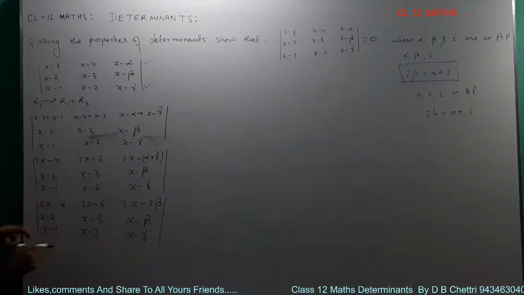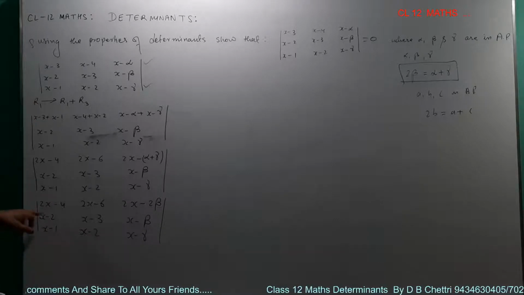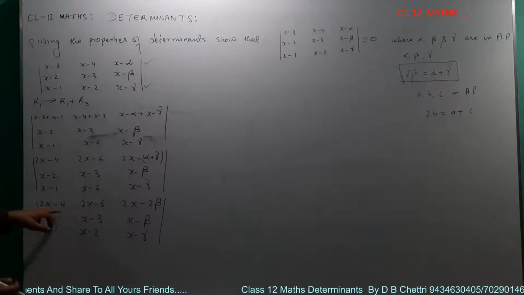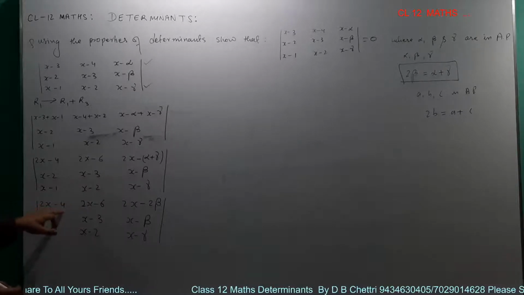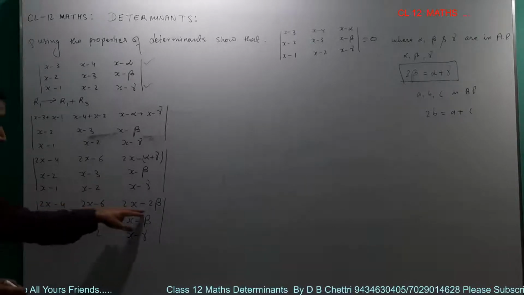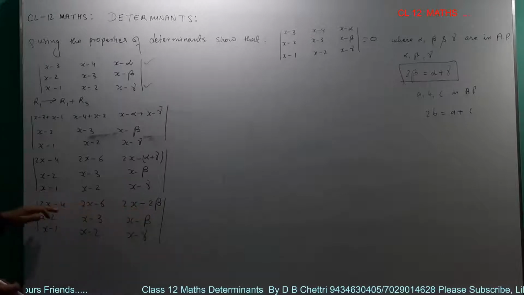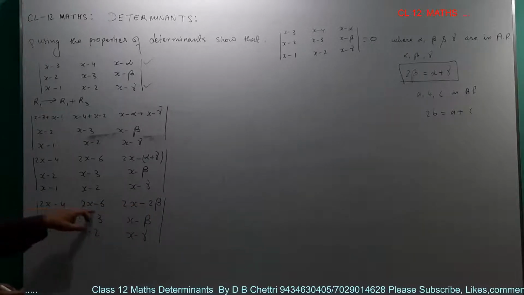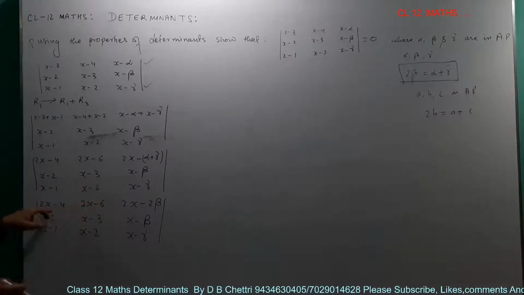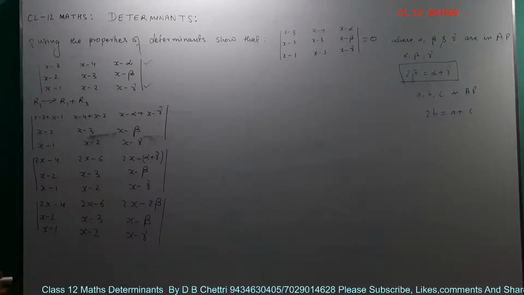Now look at R1: a multiple of 2 is there everywhere. Can we take 2 common from R1? Yes, now take 2 common from R1.